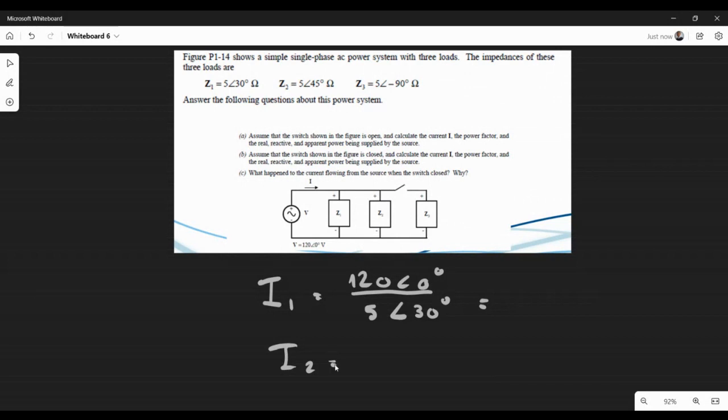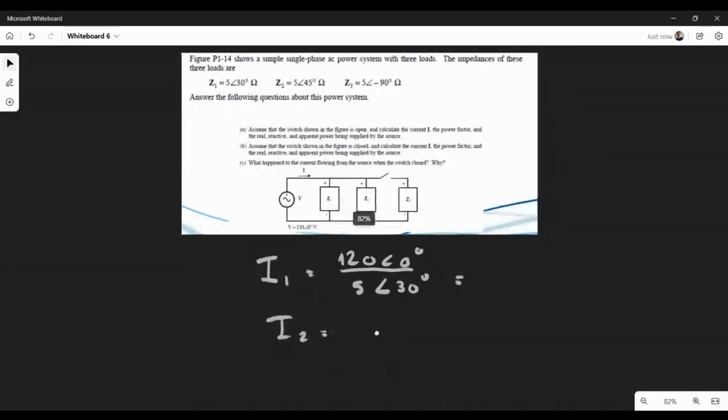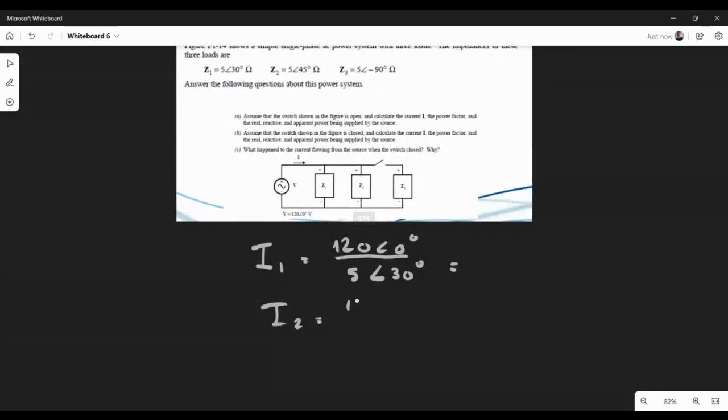And I2 is 120, also at 0 degrees, over 5 at 45 degrees. And of course, I will just be the vector sum of these.